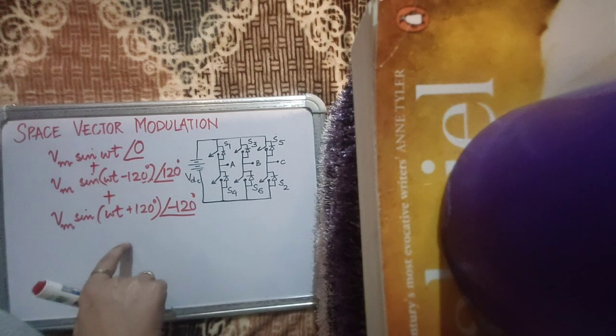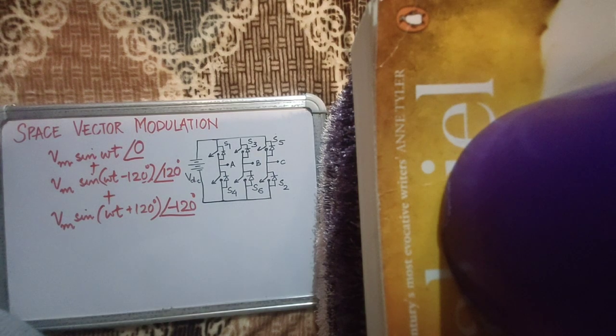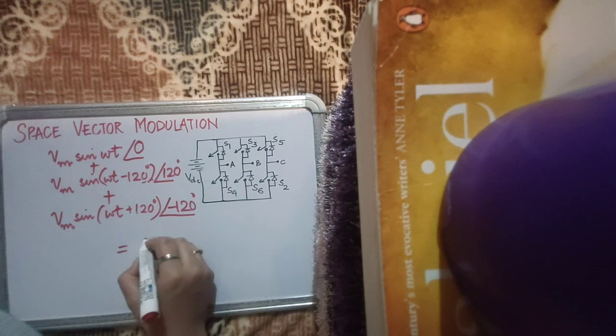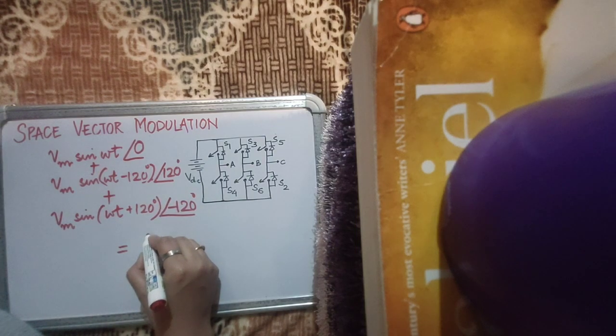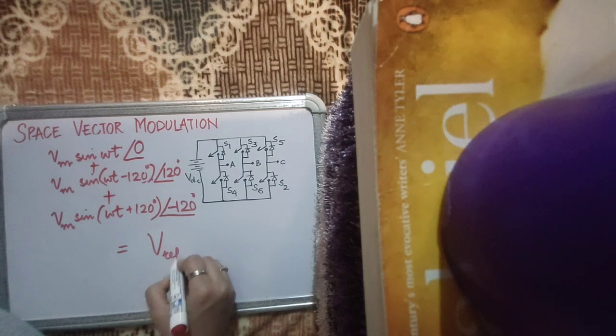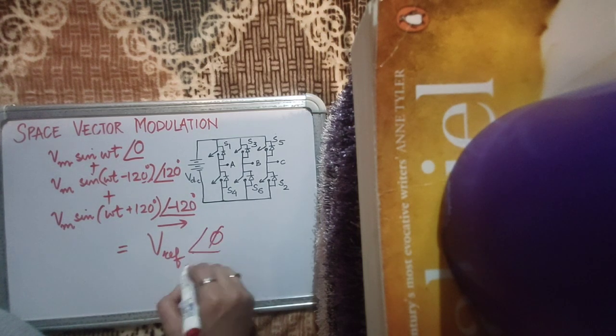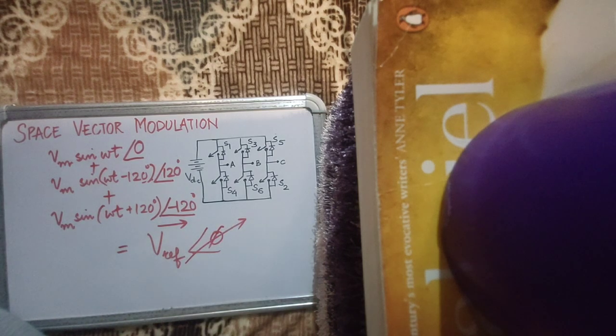You must have come across this equation before, which is very similar to the equation of the flux vector in induction machines. So if you add this up, you will get a rotating voltage vector. Let's call it V reference, a vector whose phase is continuously changing from 0 to 360 degrees, that is continuously rotating, and that vector has a fixed length.